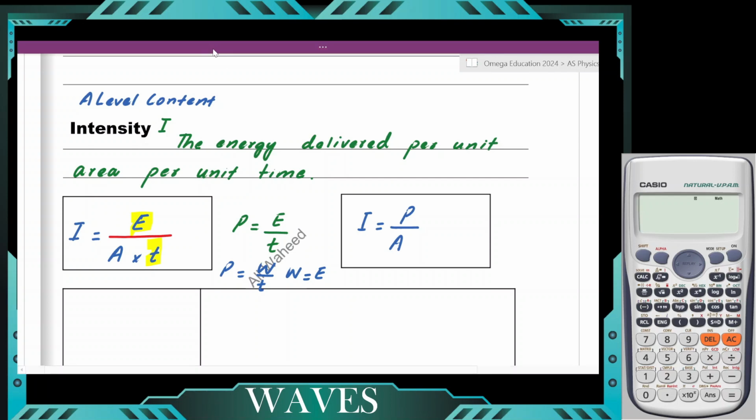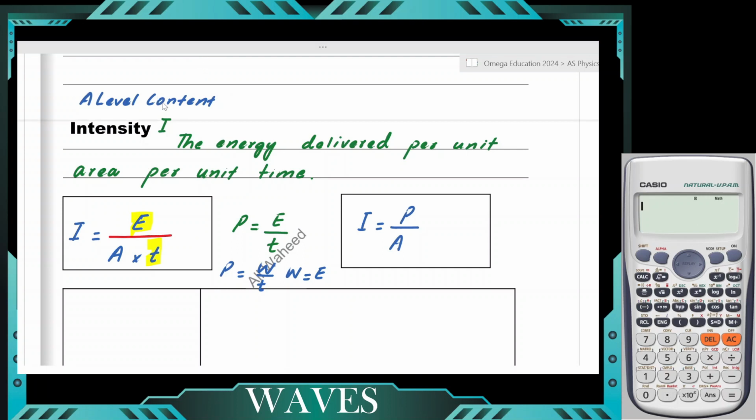Now the question is, what units do we have for intensity of a wave? Well, the unit of power is watts with the capital W, and the SI unit of area is meter square. If you shift it upwards, it would be per meter square. So watt per meter square. They can ask you to convert it into base units, especially what we do in chapter 1 of AS physics.